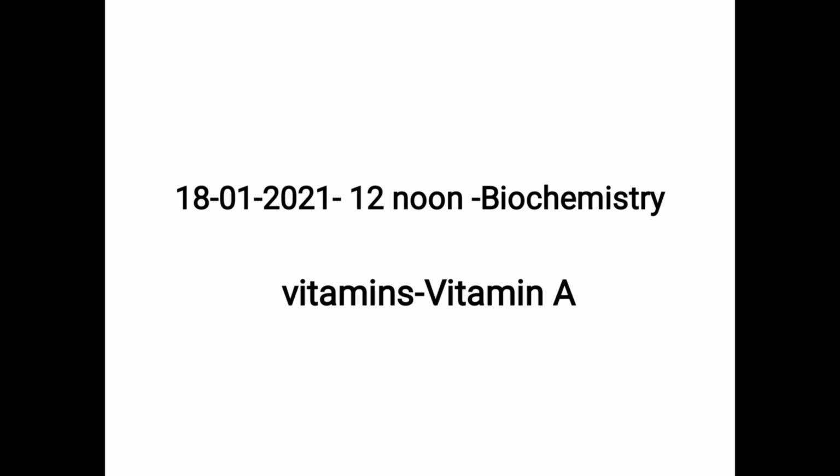That is one of the multiple choice or one word questions: what is the provitamin of vitamin A which is most commonly found in plants? Beta carotene. These are together called carotenes.